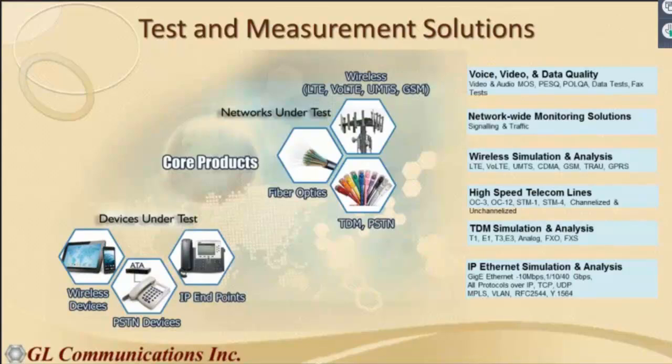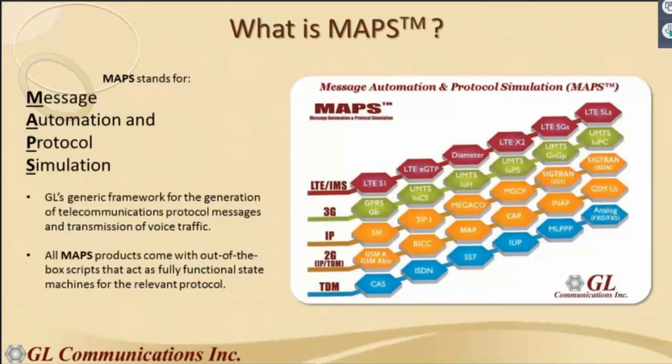Let's get started with the MAPS overview, and I'll just jump right in and give you a quick overview of what MAPS is. So the question is, what is MAPS? You maybe have heard that term. Our GL engineer or technician has mentioned it before. MAPS stands for Message Automation and Protocol Simulation.